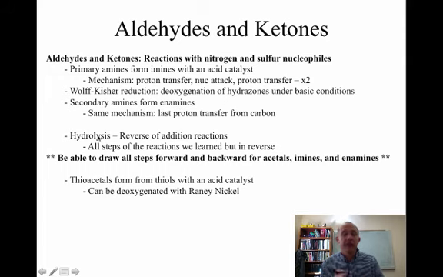We can hydrolyze imines or enamines, which is basically the reverse of their formation, by just performing the reaction with a large excess of water. And I want you to be able to draw all forward and reverse steps for acetal formation, imine formation, and enamine formation. And lastly, we looked at sulfur-containing nucleophiles. Those form thioacetals, which can also be desulfurized in the presence of Raney nickel.